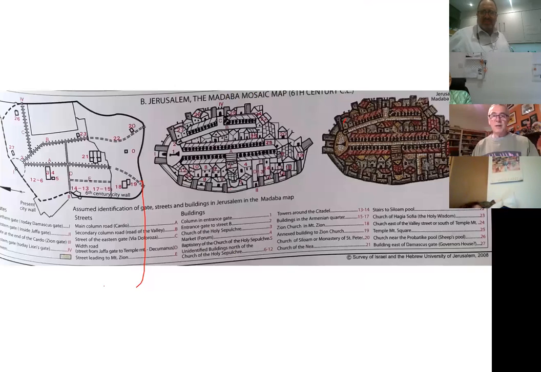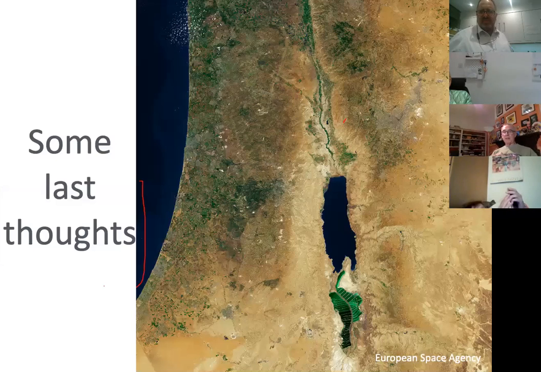And so a couple of last thoughts. First, this is a satellite map from the European Space Agency. And I think the point is, even if you were out on the space station, when the space station orbits over the land of Israel, the thing that you see is the Dead Sea. It's visible from thousands of miles above.